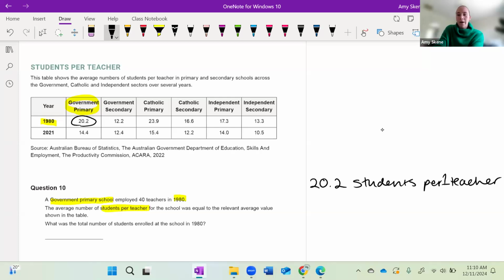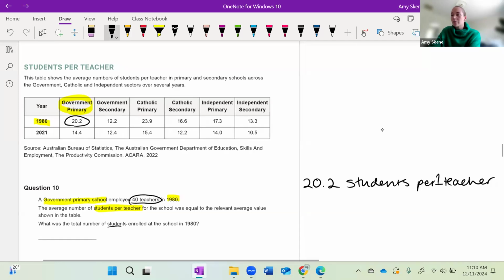We are asked to find the total number of students enrolled in the school in 1980. So we want the number of students in this year. The school itself employed 40 teachers. That is key for us to understand. If they employed 40 teachers, I'm going to write it directly underneath the statement that I wrote down.